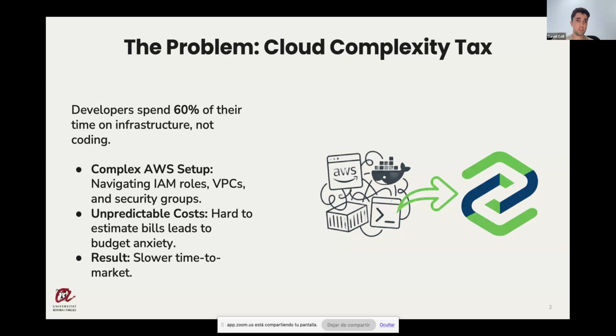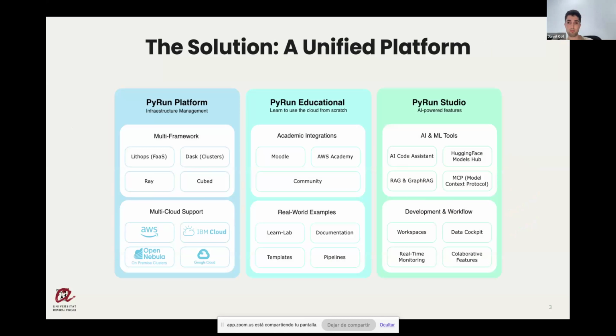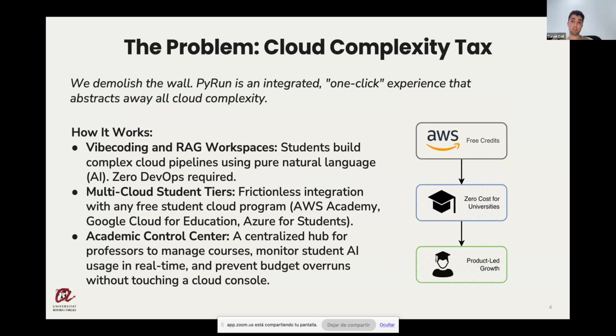That is the exact problem that PyRun solves. We have built a unified platform that abstracts away this complexity, allowing you to go from zero to cloud in just 2 clicks. And as I said, this platform not only allows you to deploy cloud resources quickly and efficiently, but it's also designed for an educational environment where teachers can have greater control and more easily teach basic cloud concepts to their students.